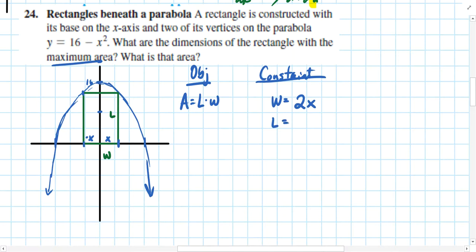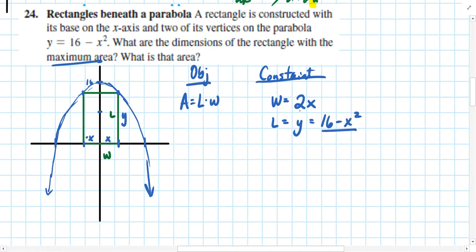Now, the length of the rectangle is closely related to this coordinate as well. And the length of the rectangle is going to be equivalent to the y coordinate. We were also told that the y coordinate is dependent upon this function, 16 minus x squared, so y is the same as 16 minus x squared.